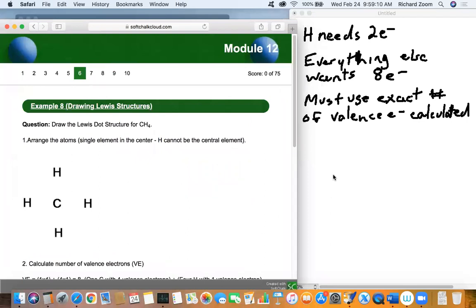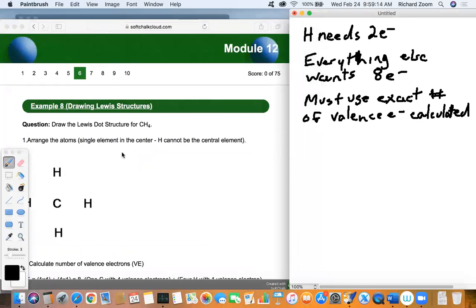So let's say you were asked to draw the Lewis dot structure for CH4. What you'd need to do is calculate the number of valence electrons. The valence electrons for CH4 would be 4 times 1 plus 1 times 4. Let me show you where I'm getting those numbers from.